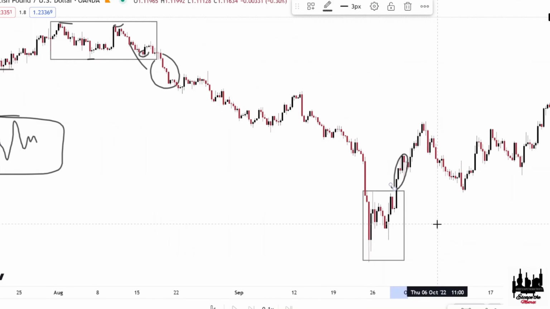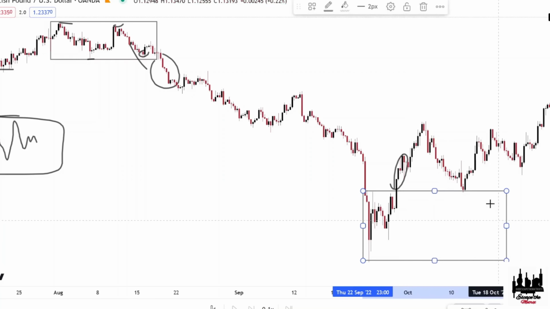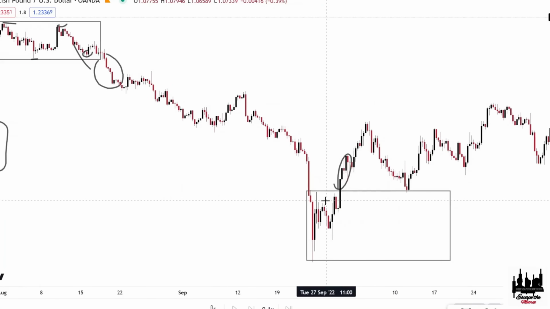So let's stretch this one out first. Price broke out of the range, out of the base, came back, retested the base, and continued higher. What does this indicate? That there was enough money in this base after the initial expansion. So again, let's go back to our hypothetical theory.